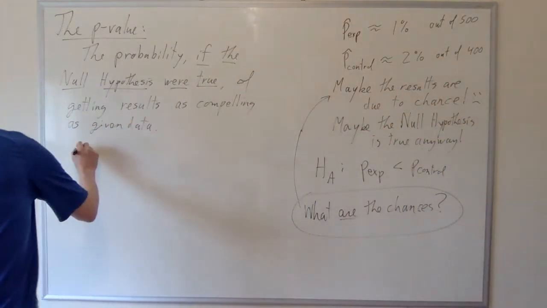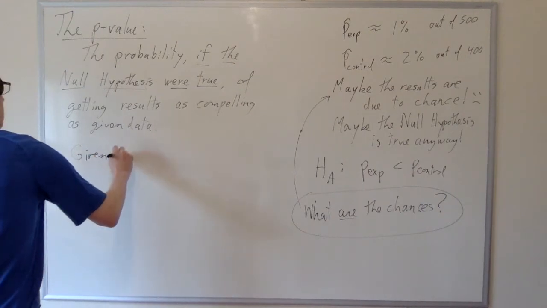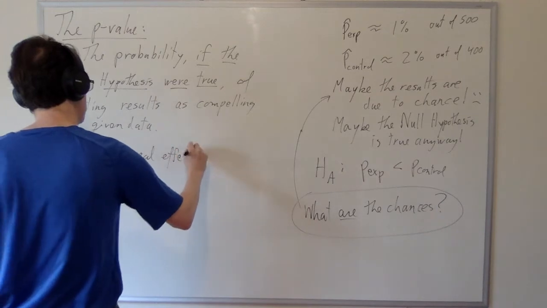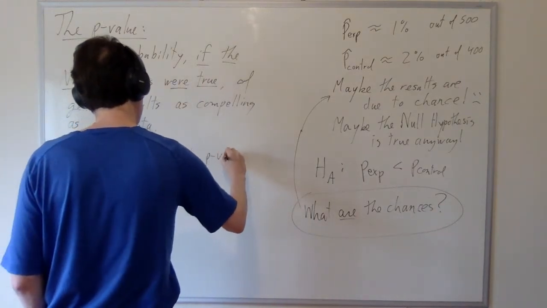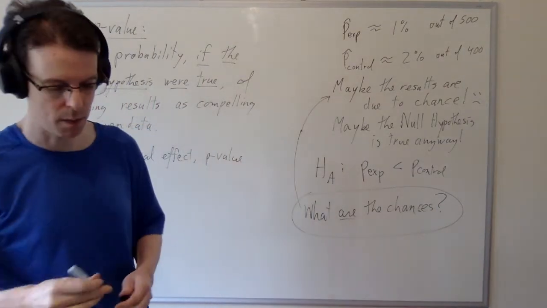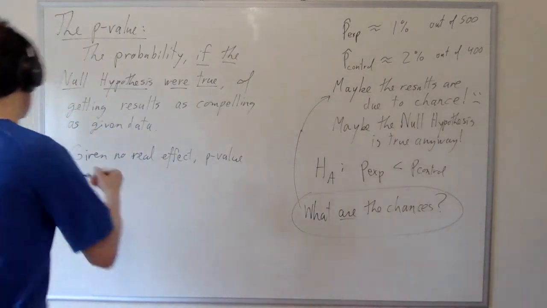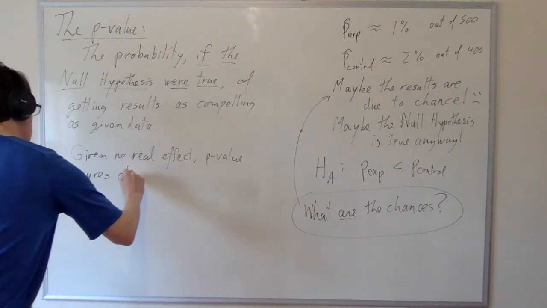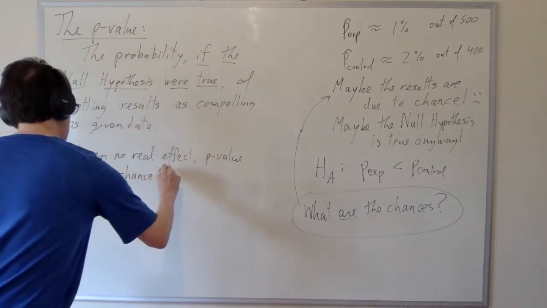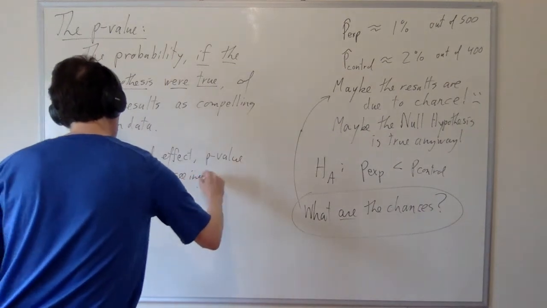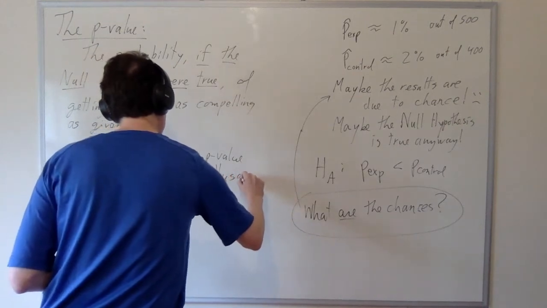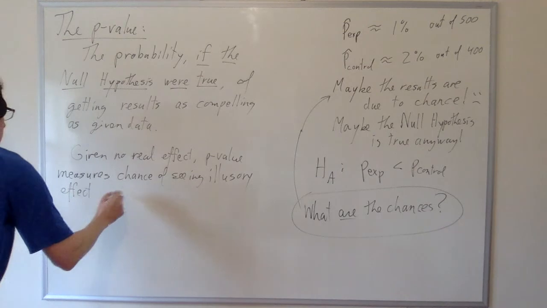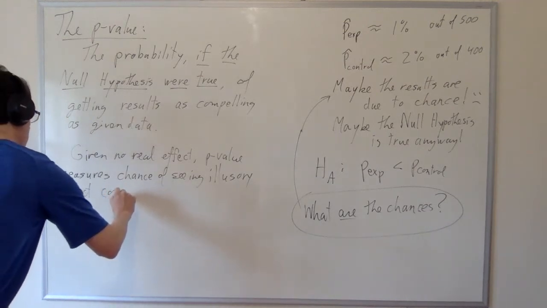So given no real effect, the p-value measures the chance of seeing an illusory effect comparable to the true data.